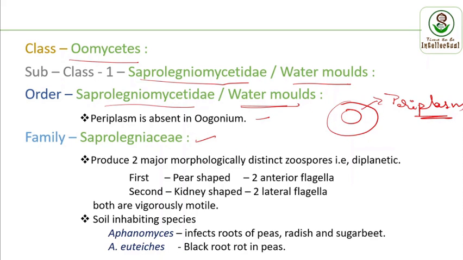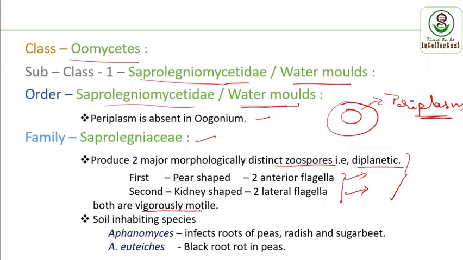They produce two morphologically distinct zoospores, diplanetic. One is pear shaped with anterior flagella and the other kidney shaped with lateral flagella. This is a little different from the general character we have seen, but as it is of little importance, let's not waste our time on this.